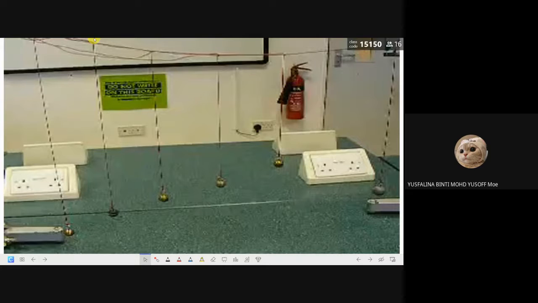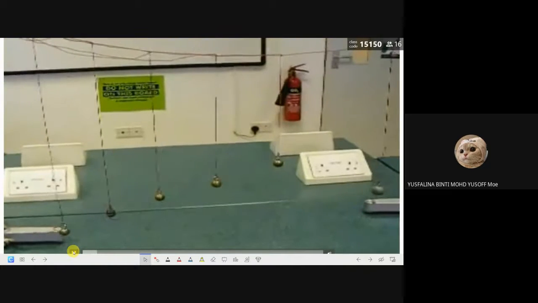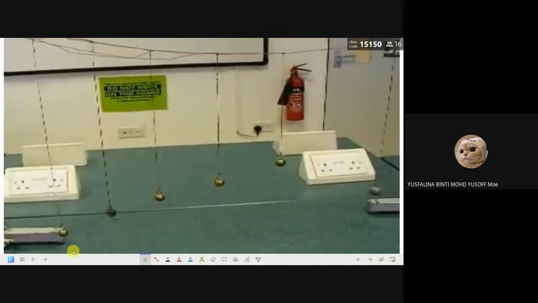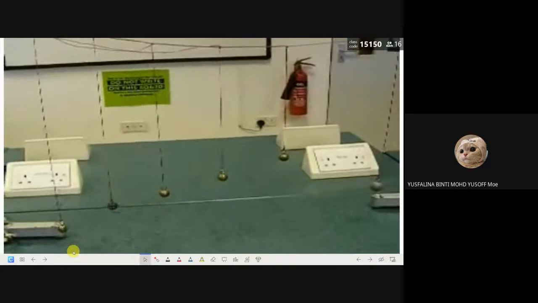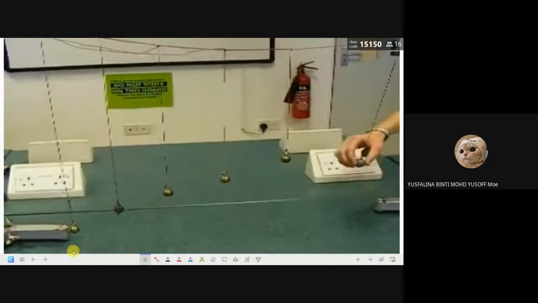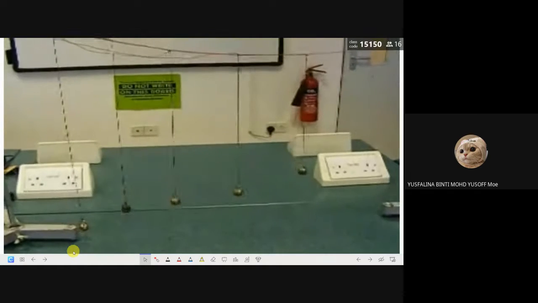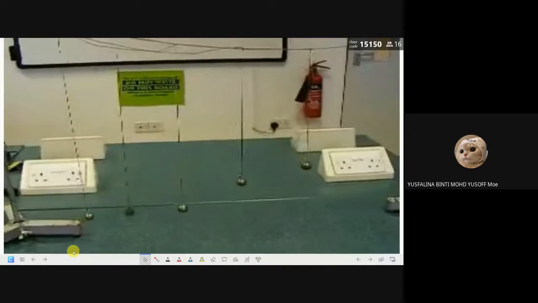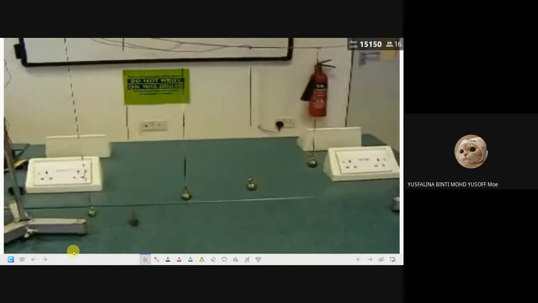Resonance. Let's see the video here. So this is the Barton's pendulum.